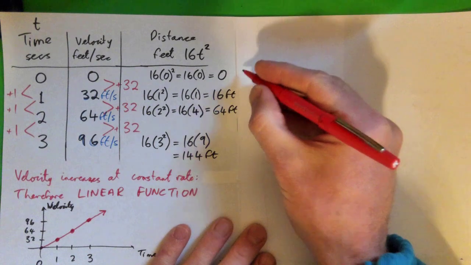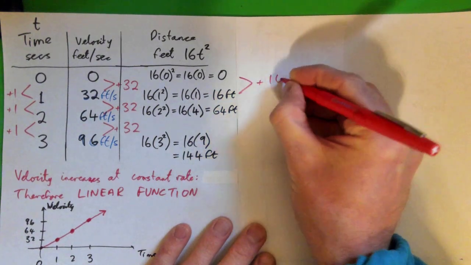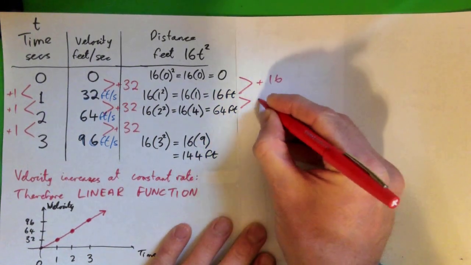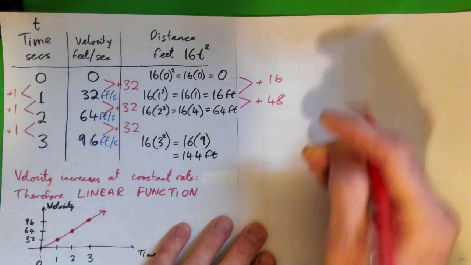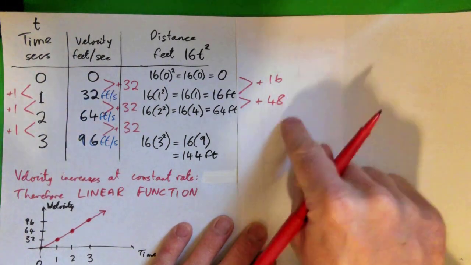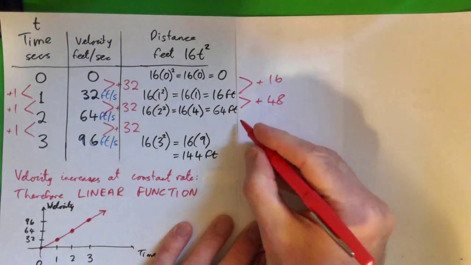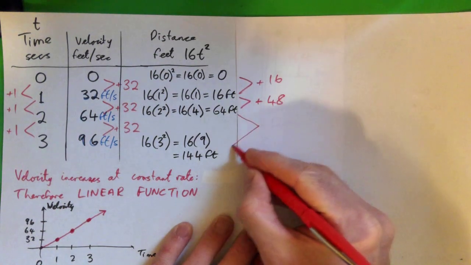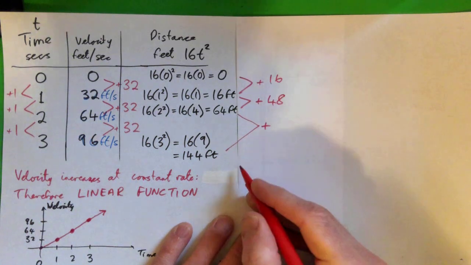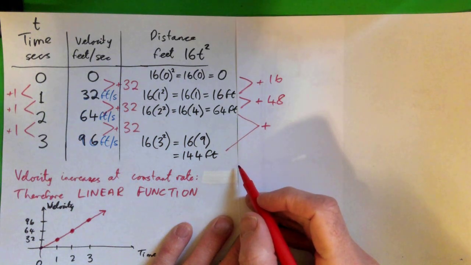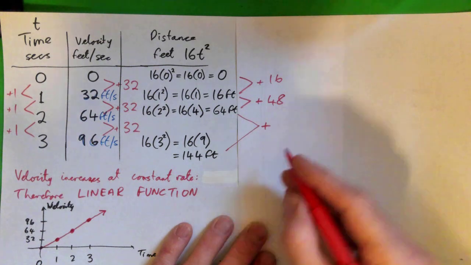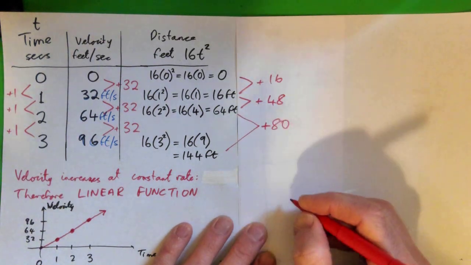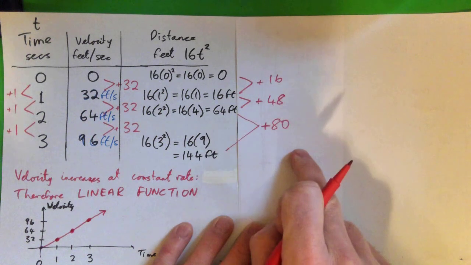So from 0 to 16, it's gone up by 16. From 16 to 64, it's gone up by 48. Already we can tell it's not linear because these increases are not the same, right? From 64 to 144, it's gone up by 80. And so no, our increases are not the same.